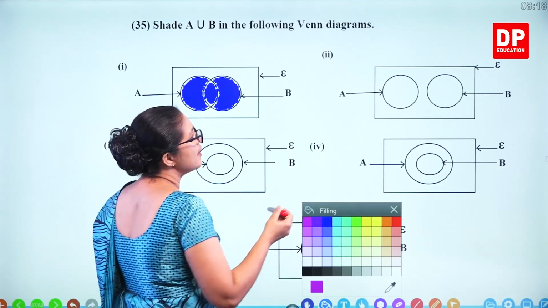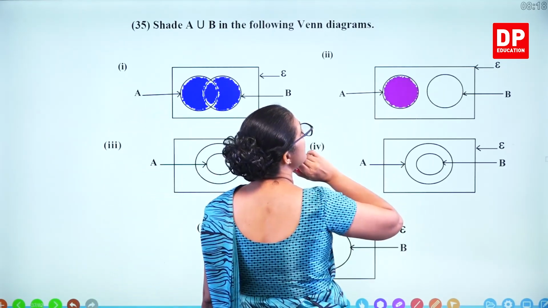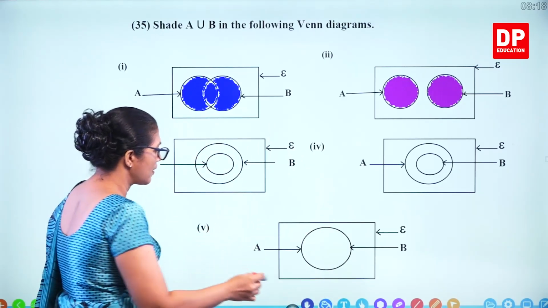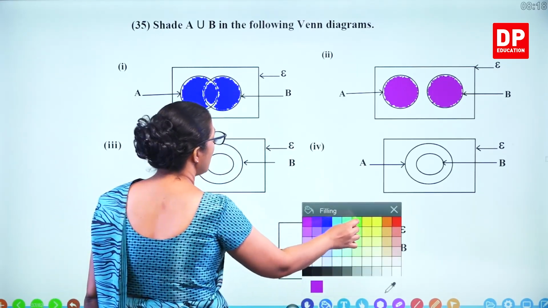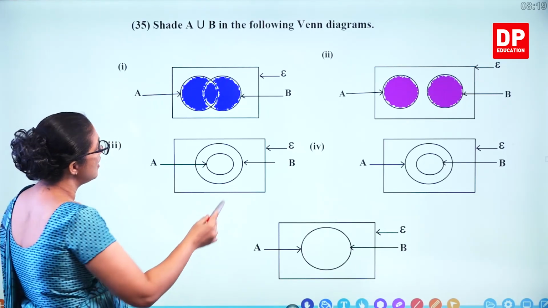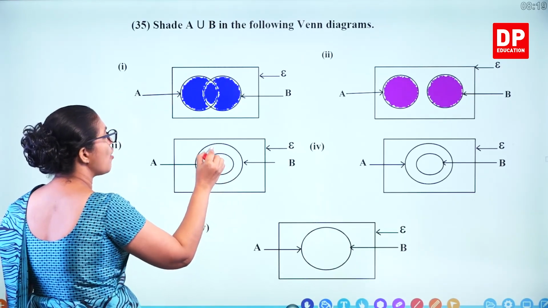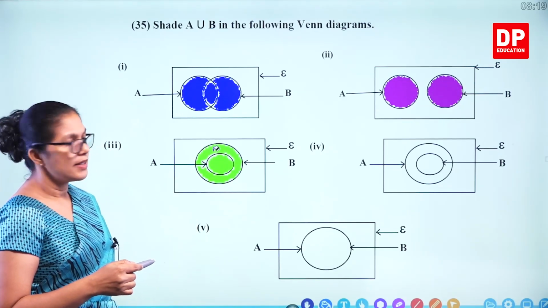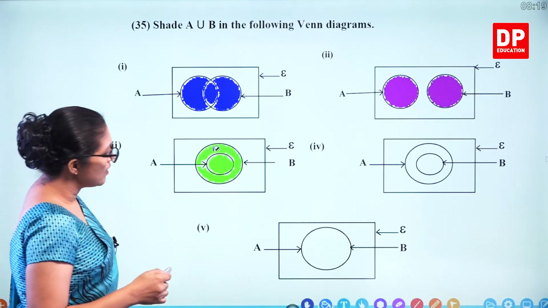A union B means everything in A, everything in B. Here, everything in B belongs to A as well.